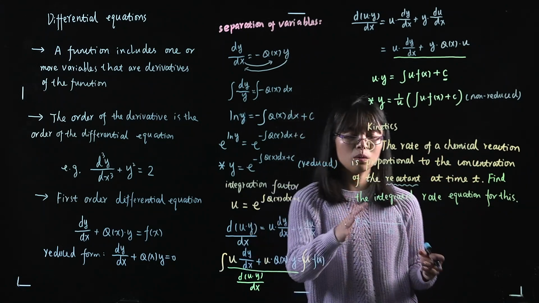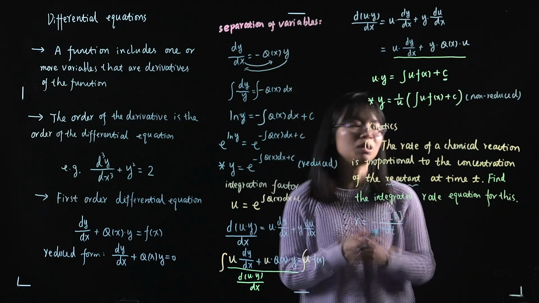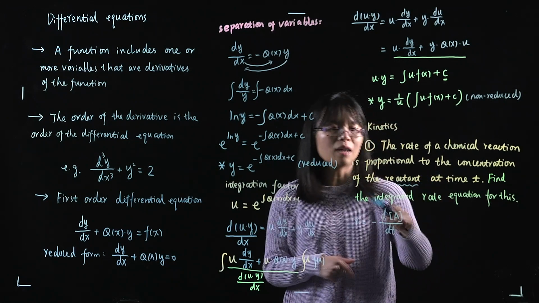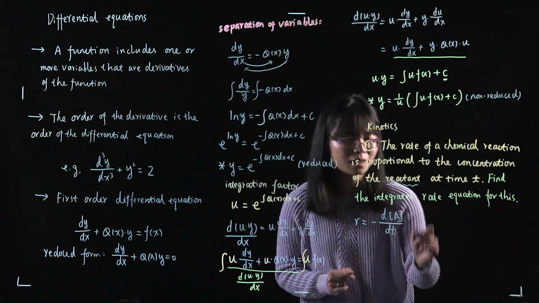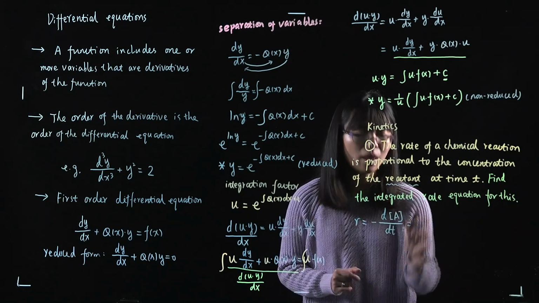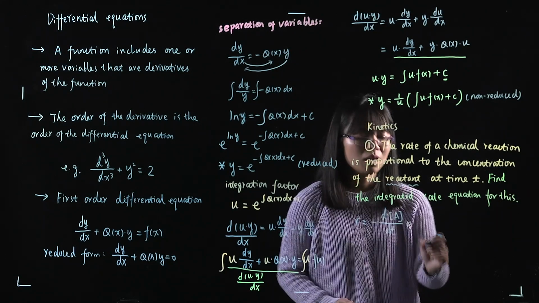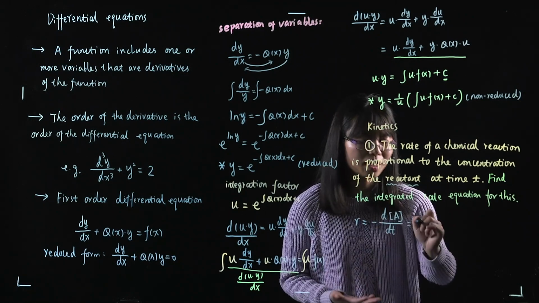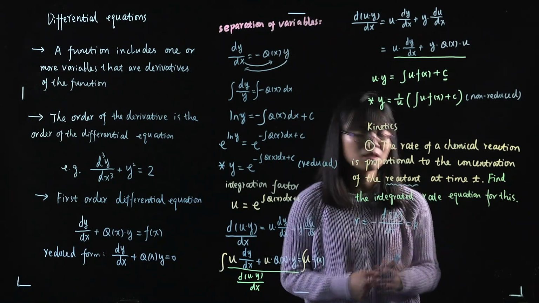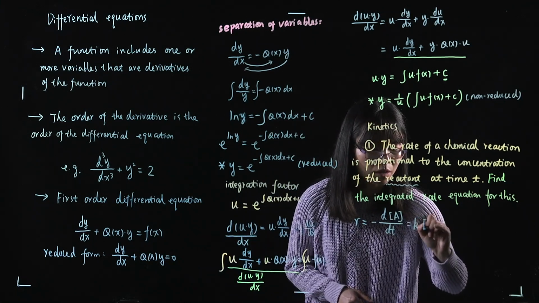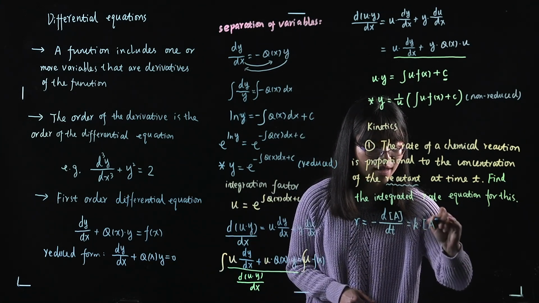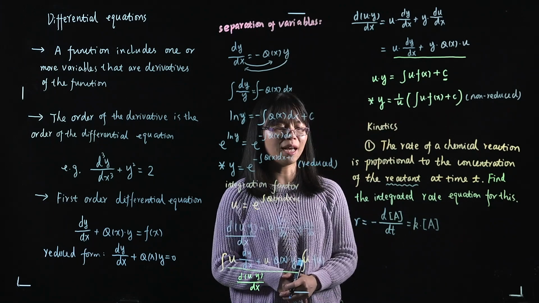And then what is the rate determined by? Now let's check it out. It's actually proportional to the concentration of the reactant at any time t. Okay, I know this is my rate. It's proportional, so I can set a constant representing the proportionality, k. It's proportional to what? Proportional to the concentration of the reactant A at any given time.